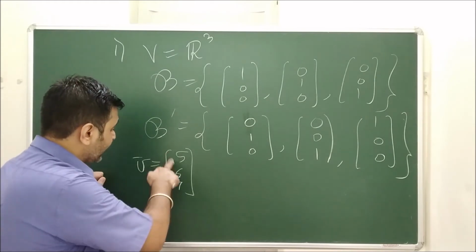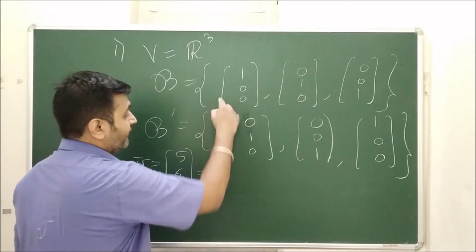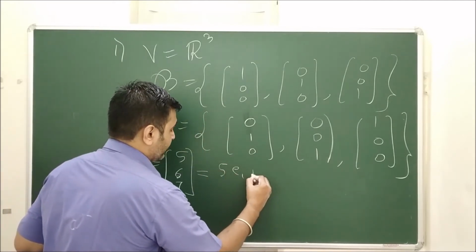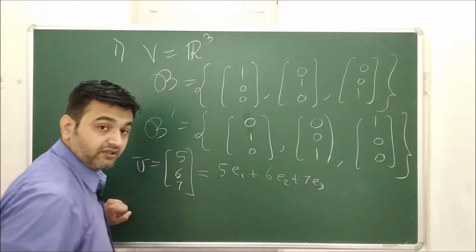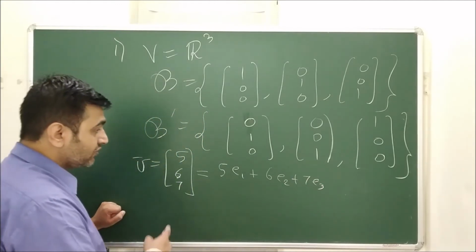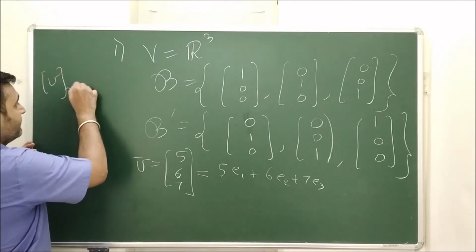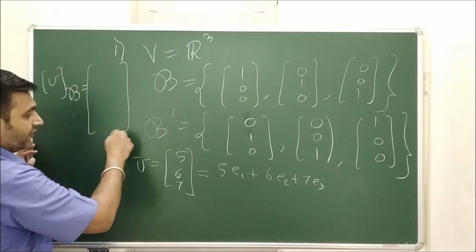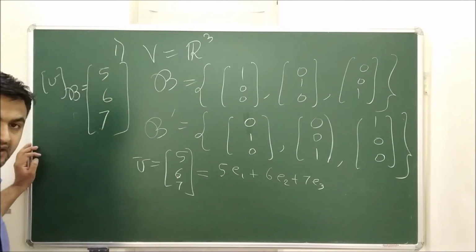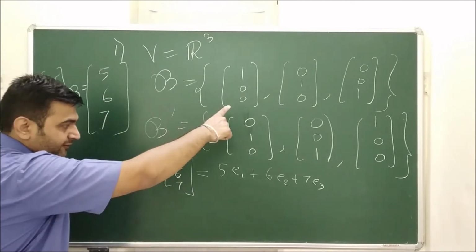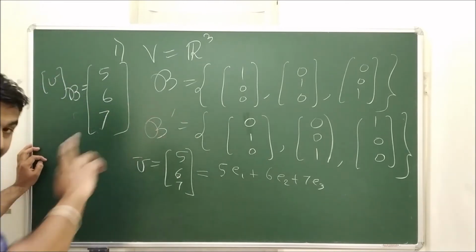Let me take V bar equal to 5, 6, 7 in R3. Now this 5, 6, 7 I can write as 5 times the first vector plus 6 times the second vector plus 7 times the third vector. So what is the coordinate vector of V with respect to the basis B? You write down the coefficients, which is 5, 6, 7. For the standard basis, the vector and the coordinate vector are always the same in that order.